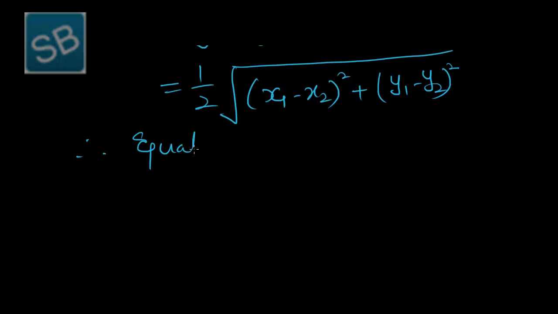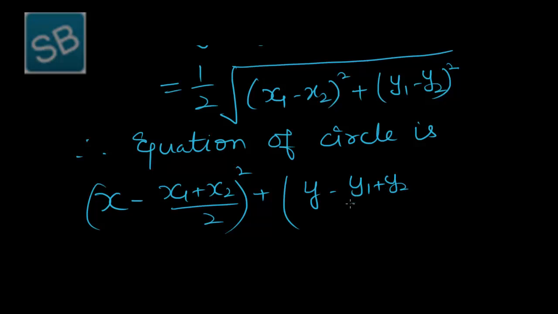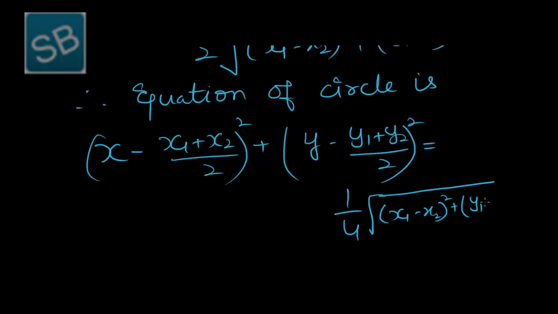Therefore, the equation of circle is (x minus h, that is x1 plus x2 over 2) whole square plus (y minus (y1 plus y2) over 2) whole square is equal to r square, that is (1 by 4) under root (x1 minus x2) whole square plus (y1 minus y2) whole square, whole square.